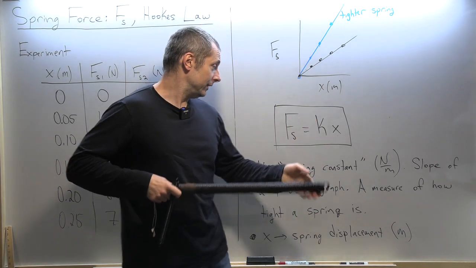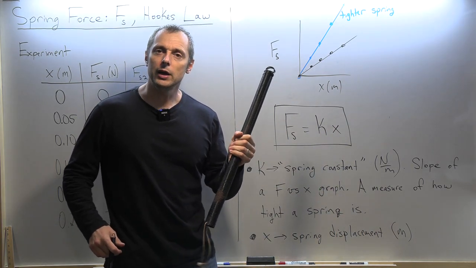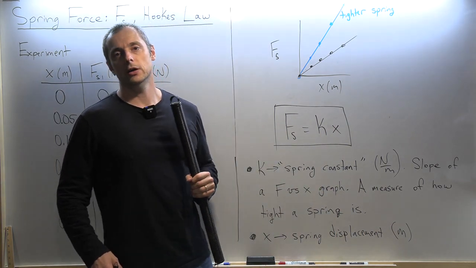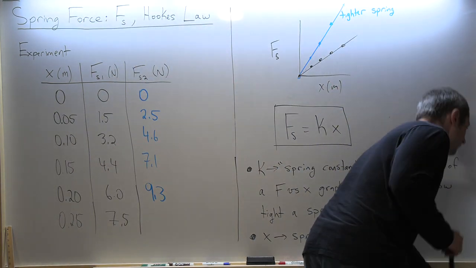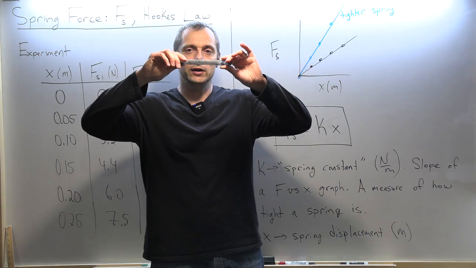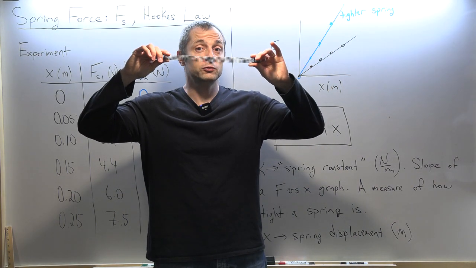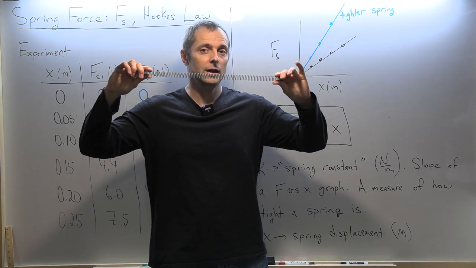So that means that this has to be in the thousands. So the tougher the spring, the higher the spring constant. But the spring constant does not depend on the displacement. If this is a spring constant of 30, it's still a spring constant of 30.